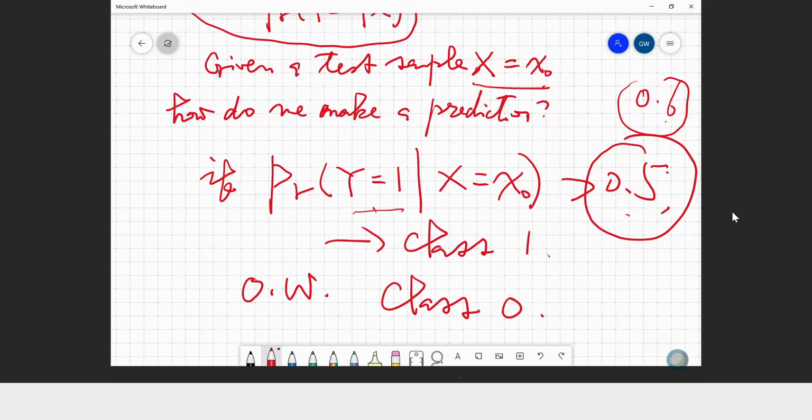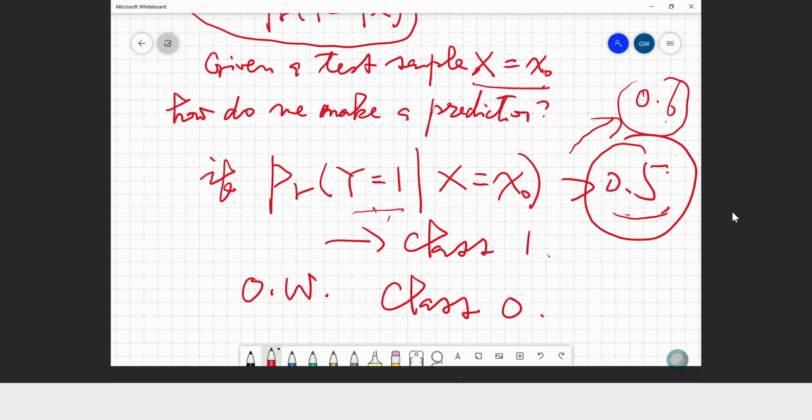So if we increase the threshold from 0.5 to 0.6, we will predict fewer observations from the positive class. Definitely the false positive rate will be reduced.